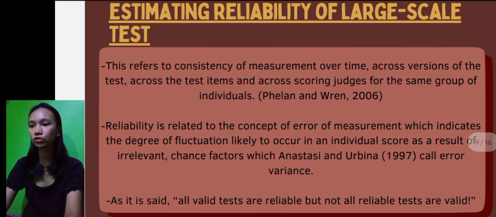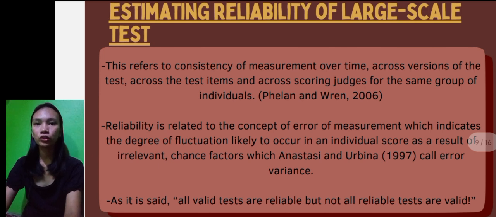Reliability is related to the concept of error of measurement, which indicates the degree of fluctuation likely to occur in an individual score as a result of irrelevant chance factors, which Anastasi and Urbina 1997 call error variance. This occurs when the differences between scores are not attributable to the construct being measured but simply due to chance, something which cannot be controlled.